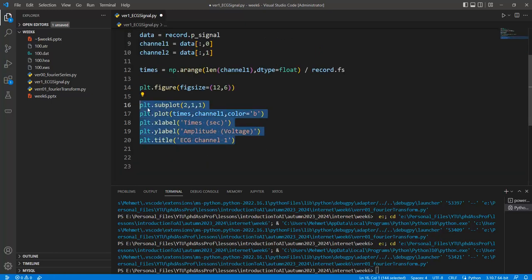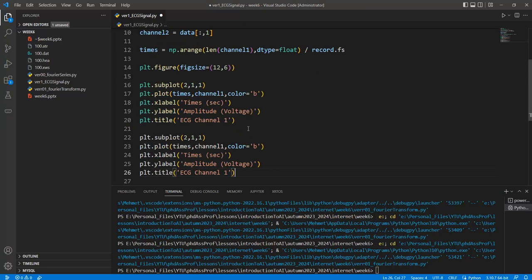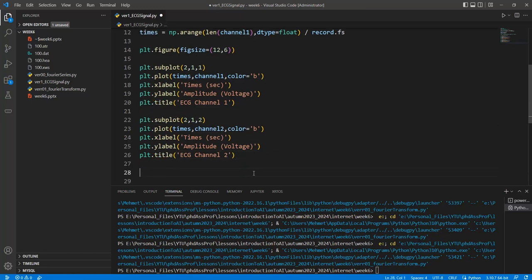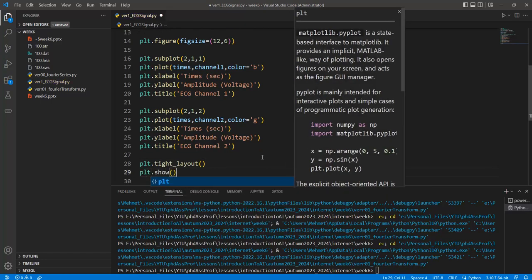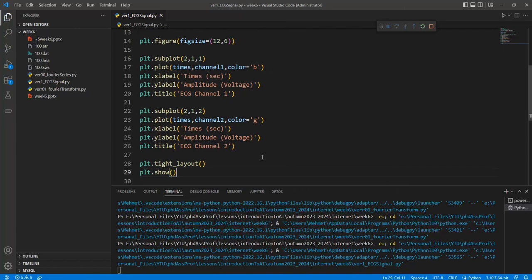The other one has the same structure, but channel 2, okay. The rest of the code is the same, but the color must be J, okay. And tight layout should be given, and plt.show must be written on this page, okay.